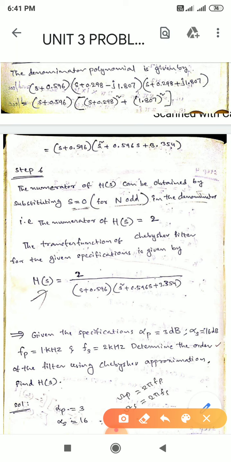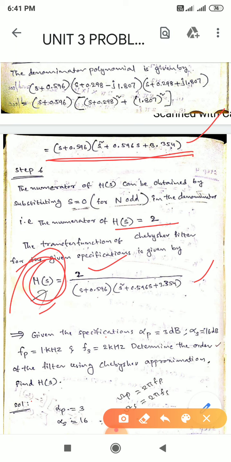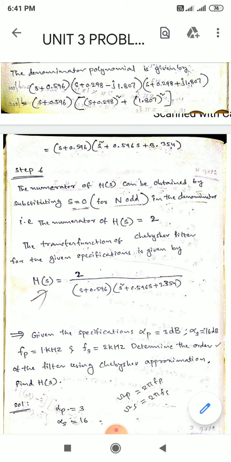Already we have calculated the numerator polynomial of H(s), which is 2, and also the denominator polynomial of H(s). We write it like this.